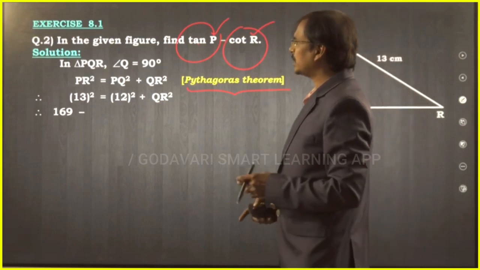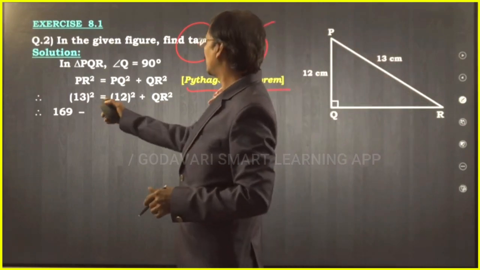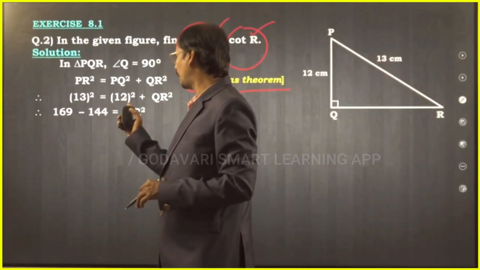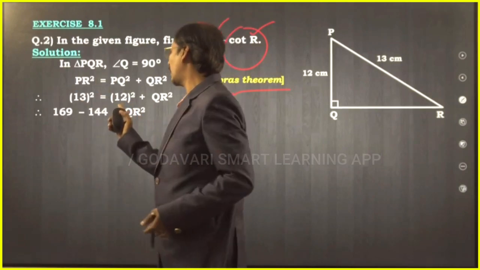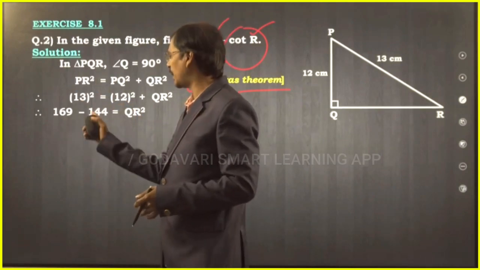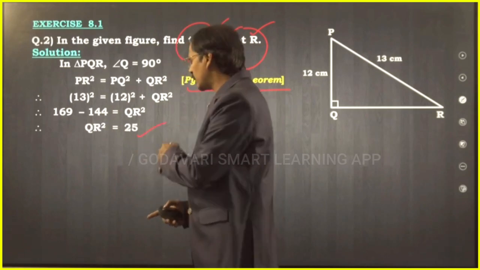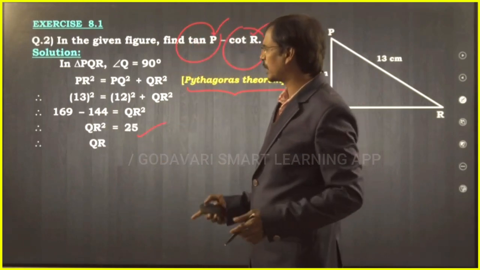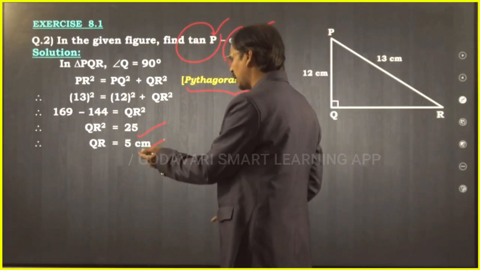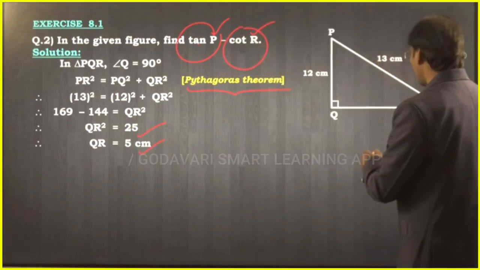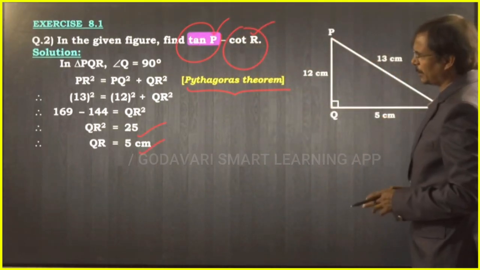Now 30 square is 169 and 12 square is 144. Bringing to the left side, 169 minus 144 is equal to QR square. That is QR square is equal to 25. Therefore QR is equal to 5 centimeters.